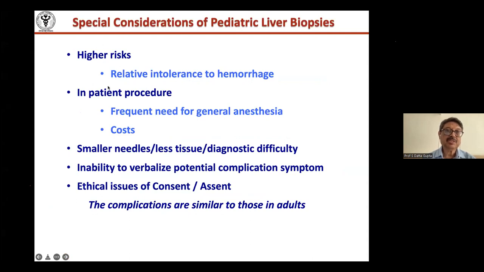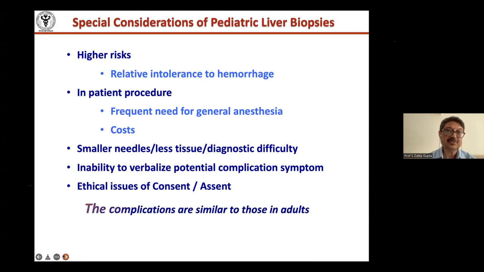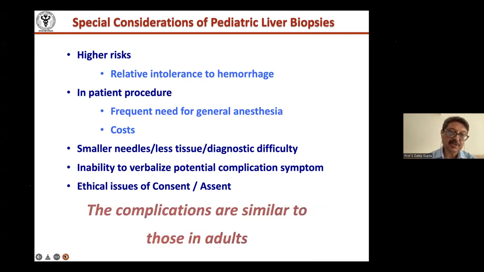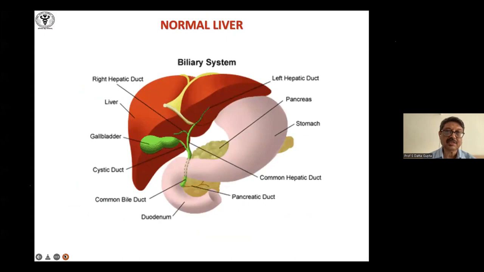The problems with liver biopsy are there's a high risk, especially of hemorrhage. Then in children, you sometimes resort to anesthesia, and there are difficulties in getting tissues. So the complications are similar to what you see in adults.